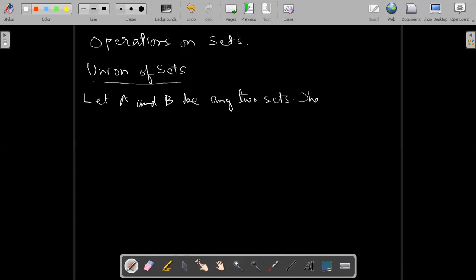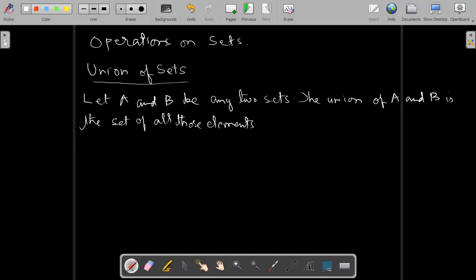Then the union of A and B, now see, these are very important wordings: the union of A and B is the set of all those elements which belong to either A or B or both.